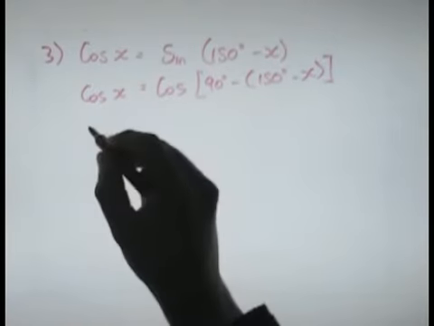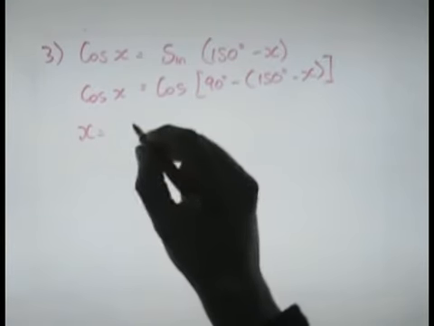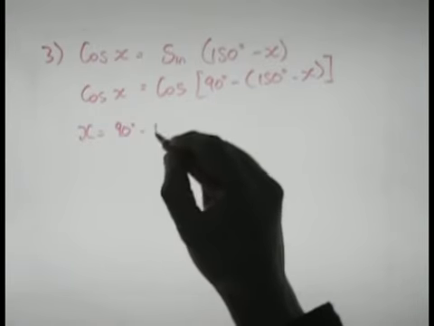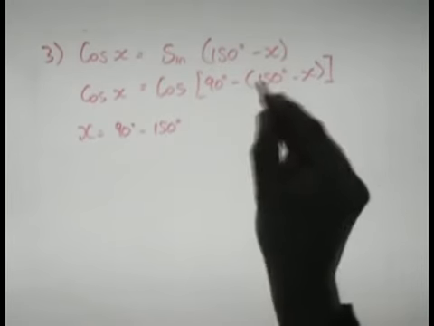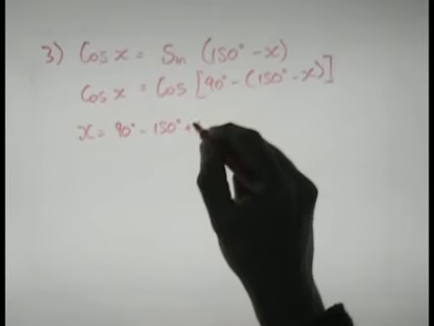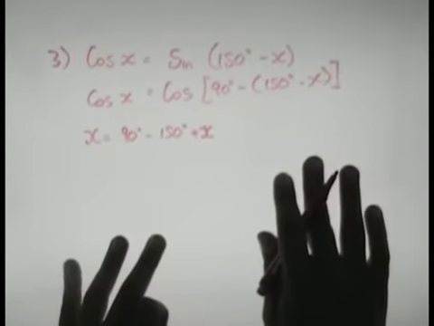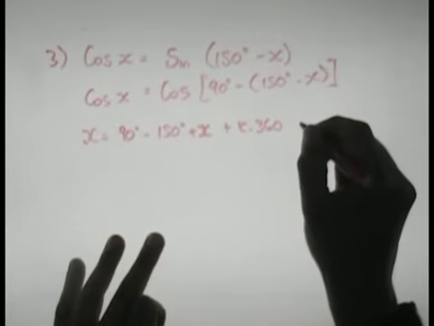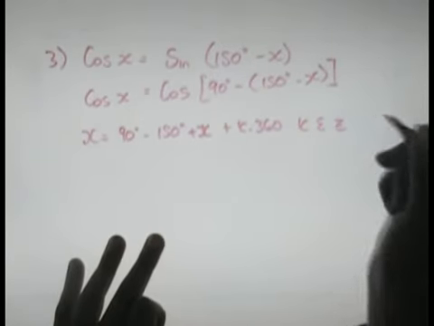That means that x is going to equal 90 degrees minus (150 degrees plus x), plus k times 360, where k is an element of integers.